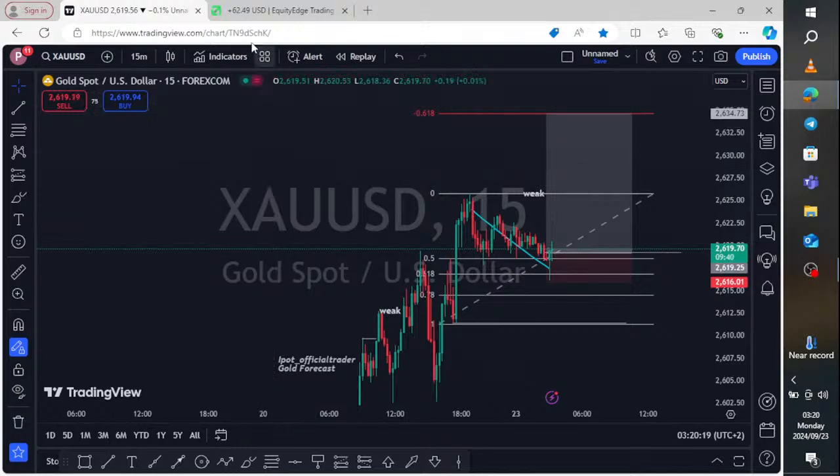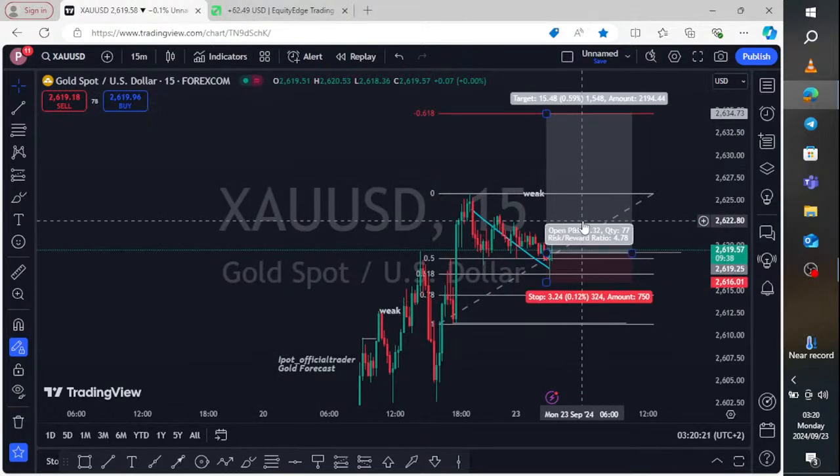Out of that target, let me see how much I'm targeting, because I want to take my profits exactly there. Let me take a look at this. The TP is 26.34.